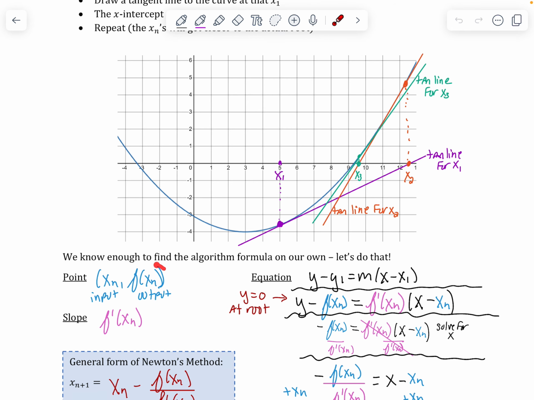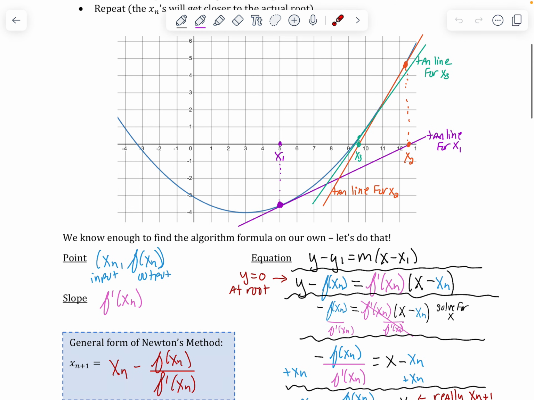We picked any x value, but we focused on what the output was, where it hit the graph, and then we made a tangent line. Our tangent line has a slope of f prime based on whatever that input was. The slope of the tangent line is the derivative of the function. Tangent lines are linear.